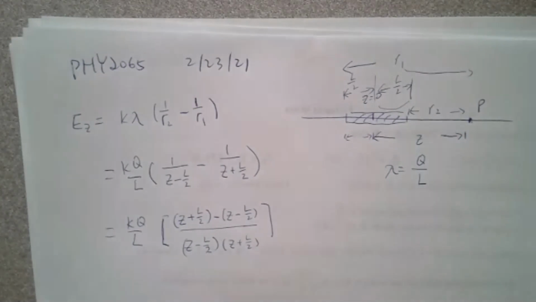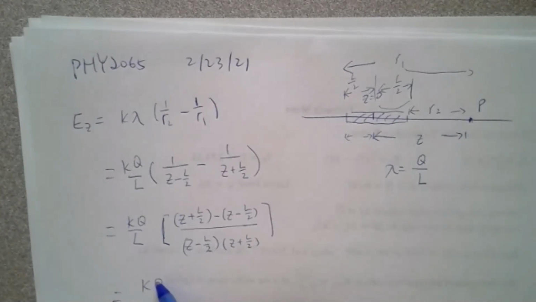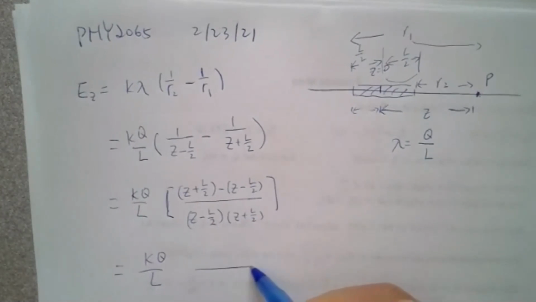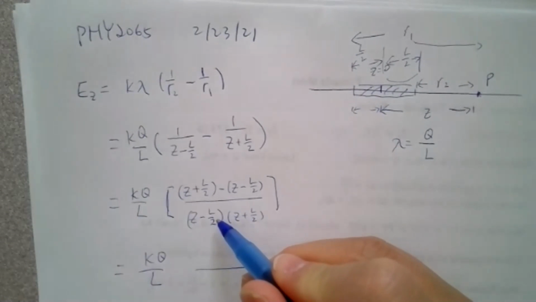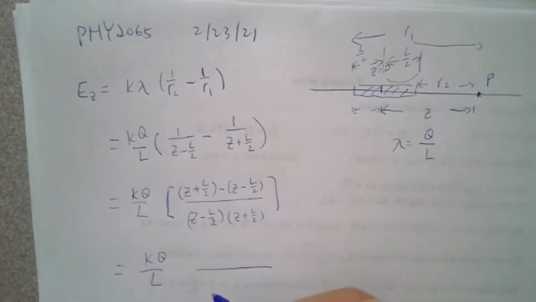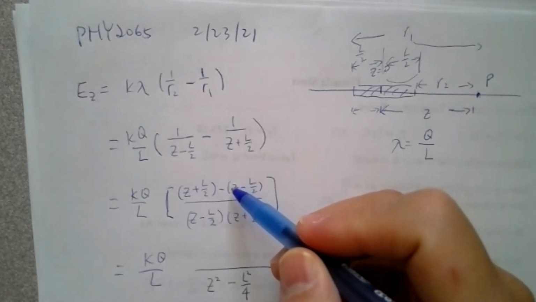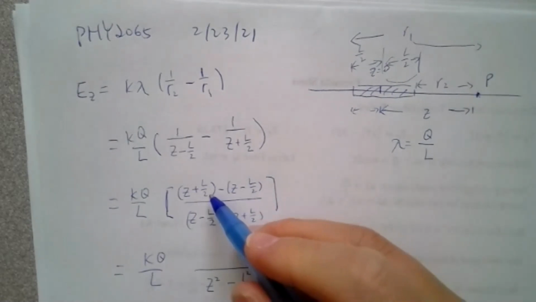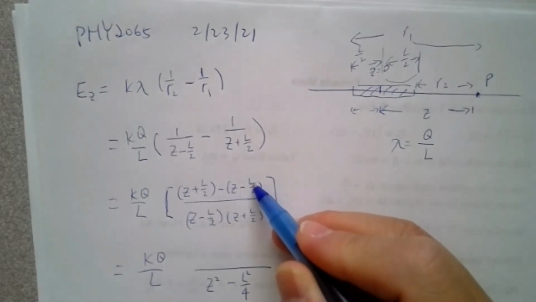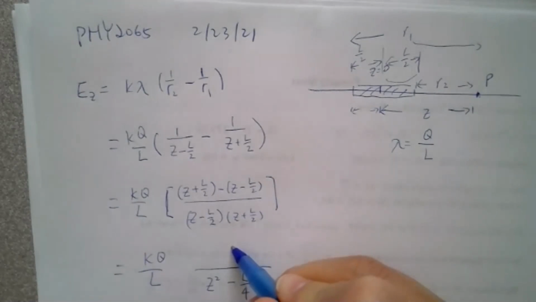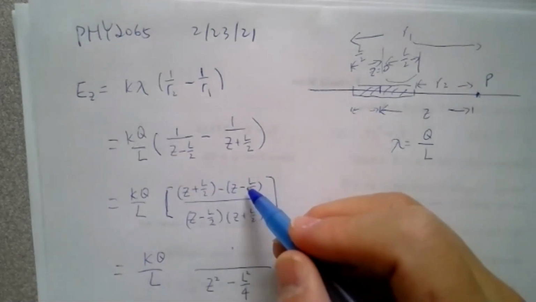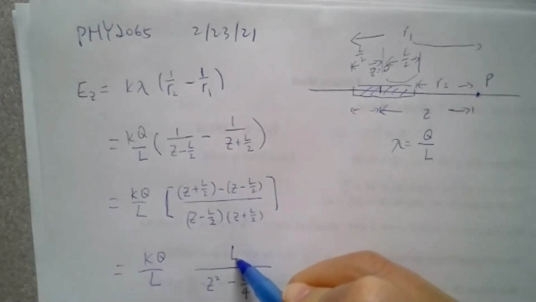All right, so then that becomes kQ over L. Here you have Z minus 1/2 L and Z plus 1/2 L. That will give you Z squared minus L squared over 2 squared, which means 4. On the top here, you'll have Z minus Z, that cancels out, but 1/2 L minus minus 1/2 L becomes L, okay?